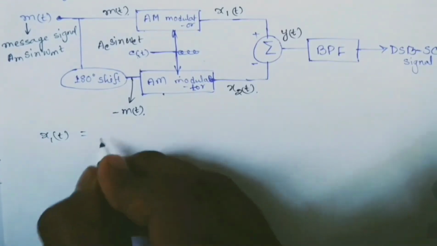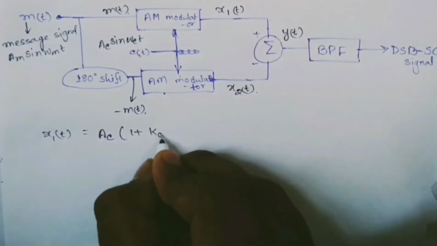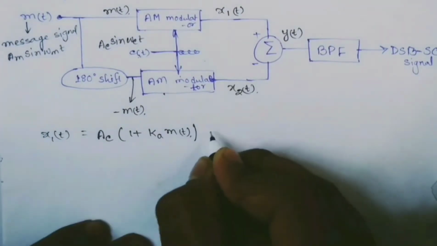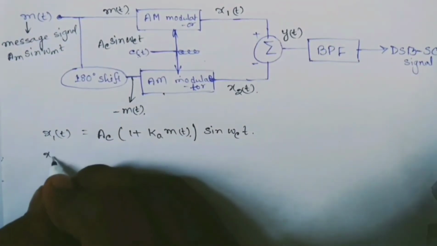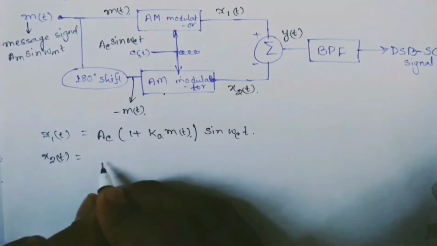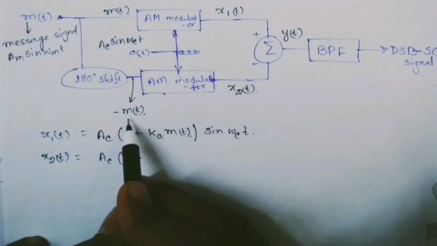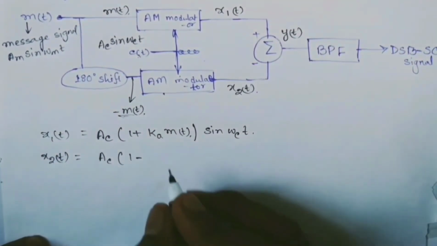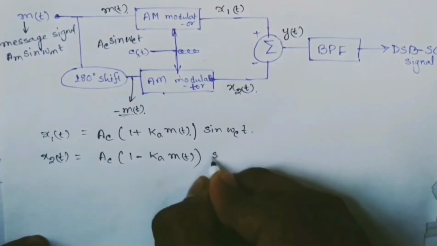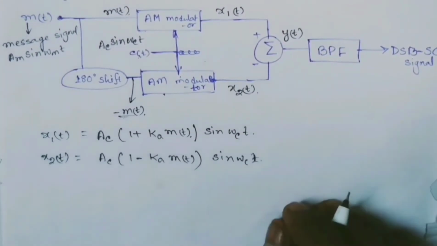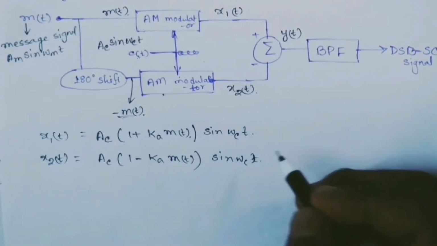So x1(t) will be Ac into (1 plus k m(t)) into sin omega c t, whereas x2(t) will be Ac into (1 minus k m(t)) sin omega c t, because here the signal is minus m(t). Now these two signals are passed through this adder and they are subtracted.